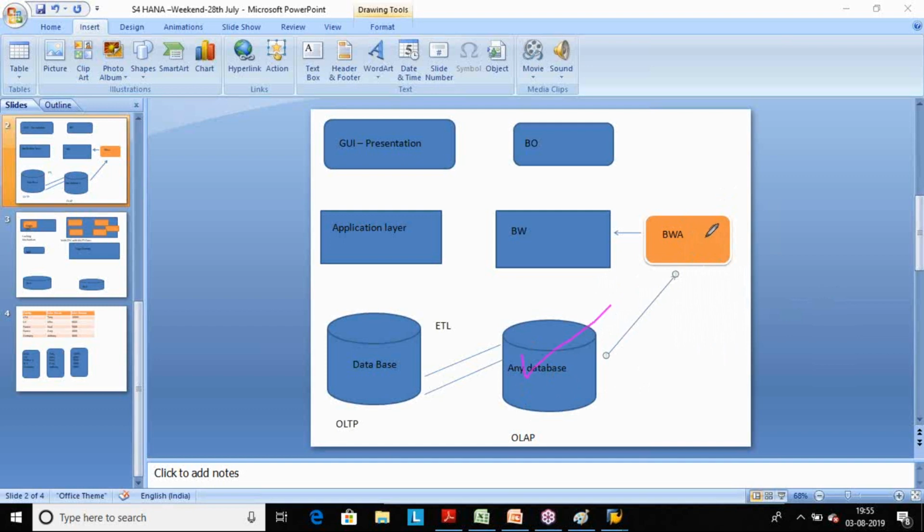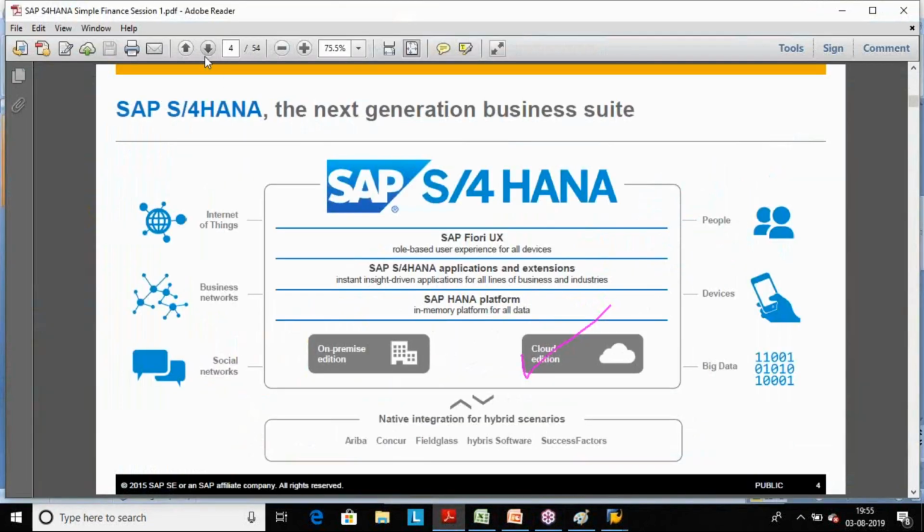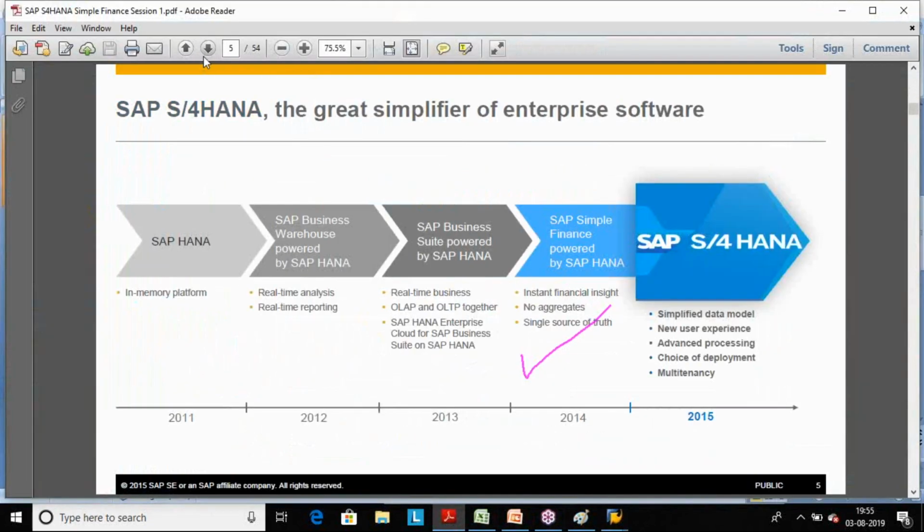After all of this was successful, finally in 2012, SAP introduced the BW system powered by HANA. See here, the in-memory platform I just explained: in 2011 we got BWA, and in 2012 we got real-time analysis and real-time reporting. What does it mean?